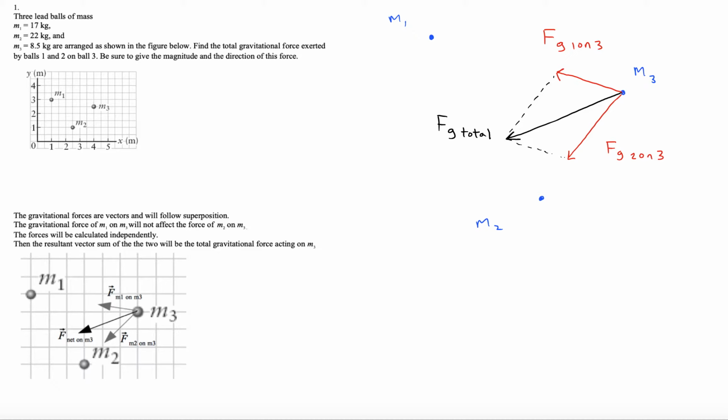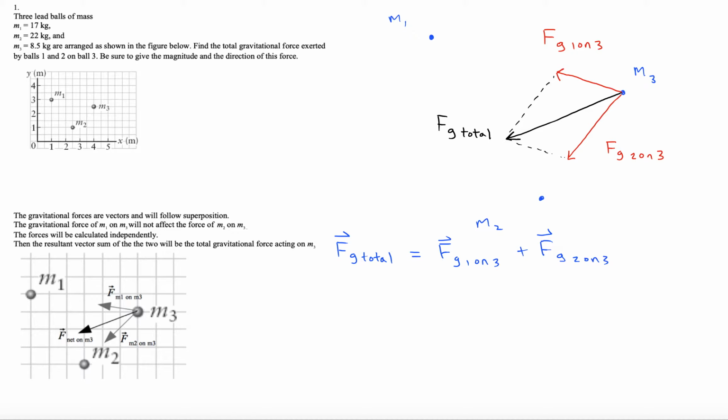All right, so one of the things you might start with in a problem like this is just saying what we're going to do, which is we want to find the total force as a vector by adding the two individual vectors. But because they're vectors, they have to be broken up into components, and there's a number of methods for doing this.